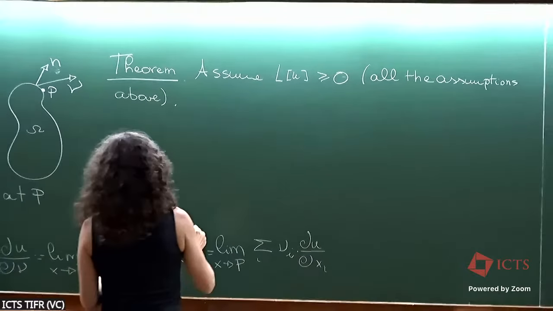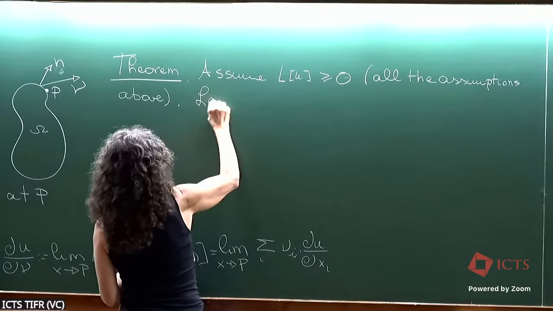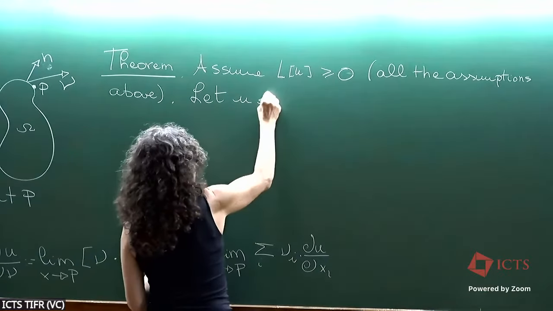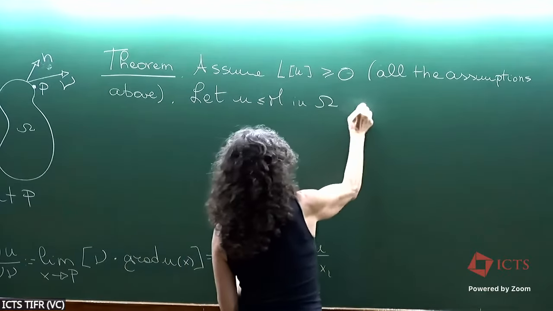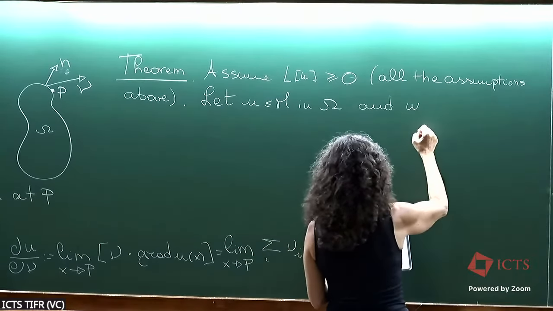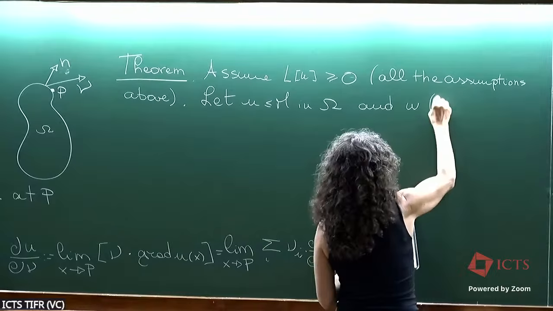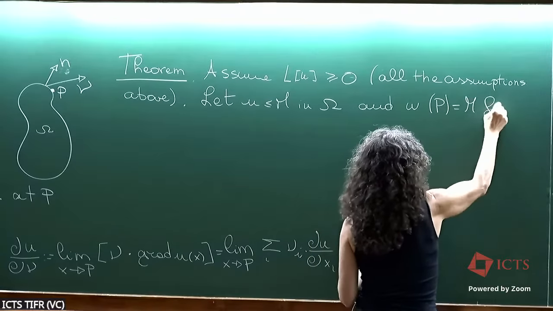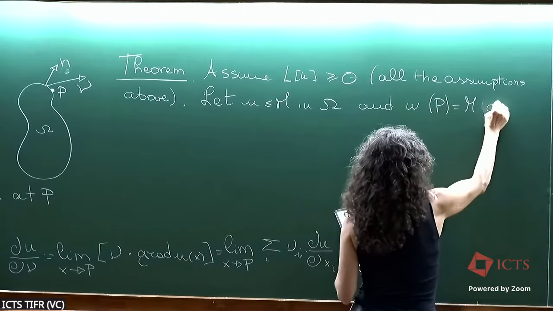And let u be smaller or equal than M in omega, and u of P equal to M at some point P of the boundary.